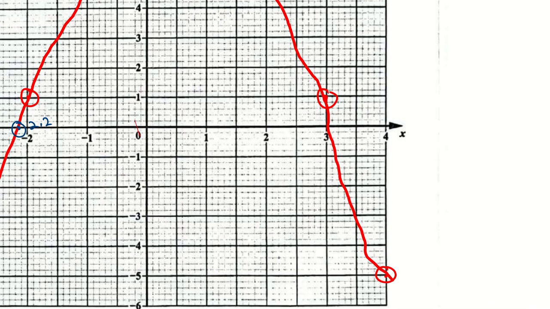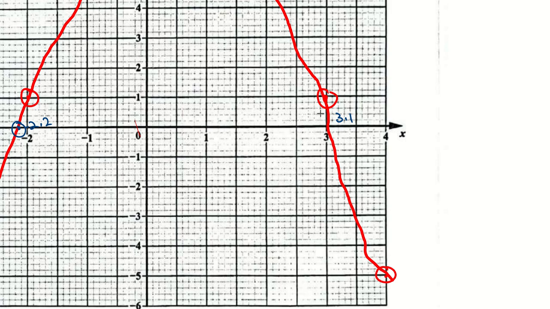And then this here is about either 3.2, or I would say 3.1. So negative 2.2 and 3.1. And when I use my calculator, that's exactly the answers that I got.